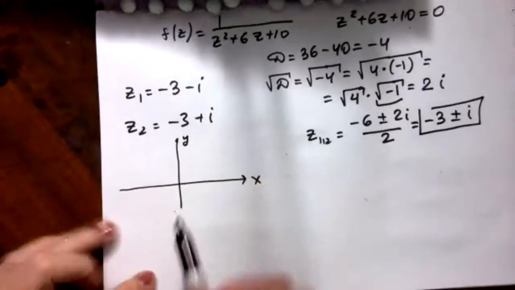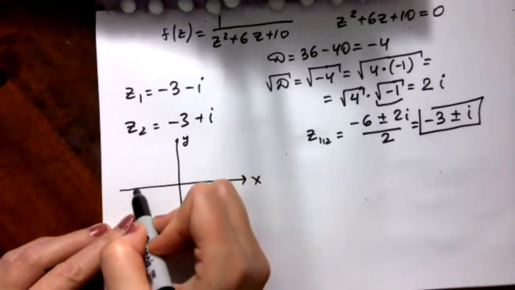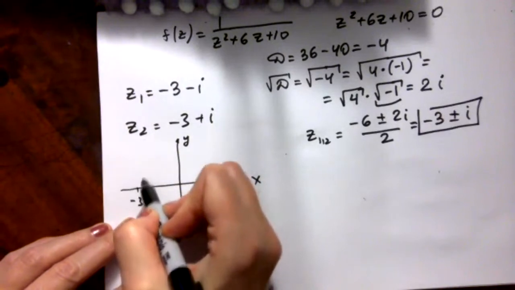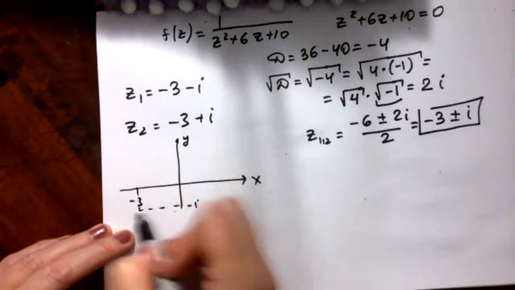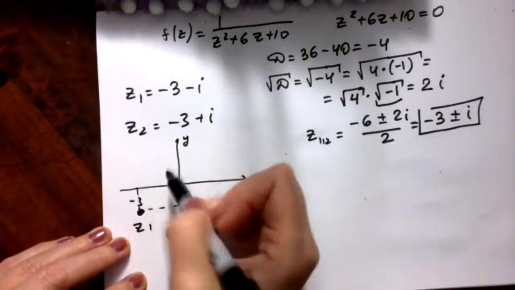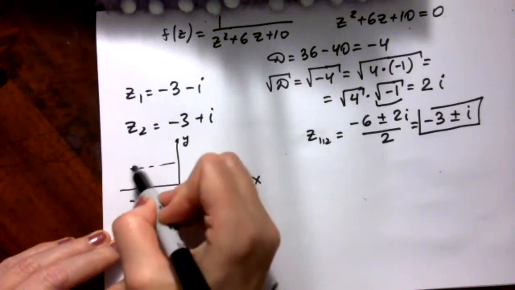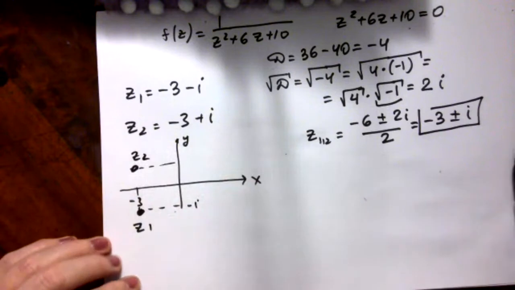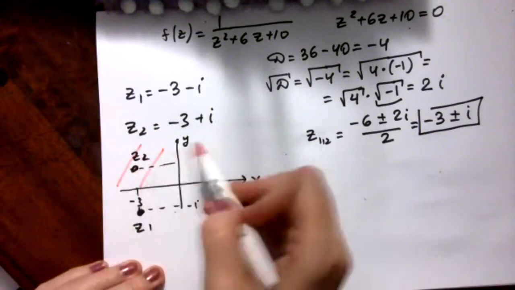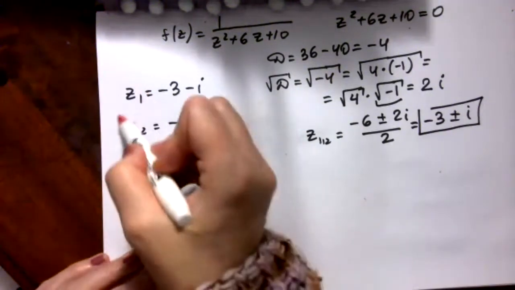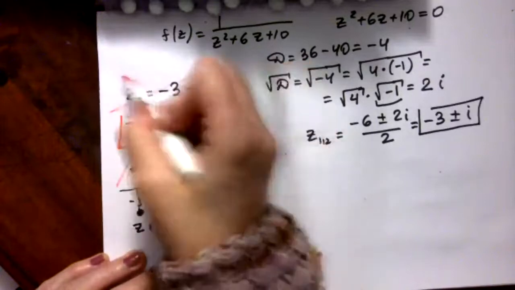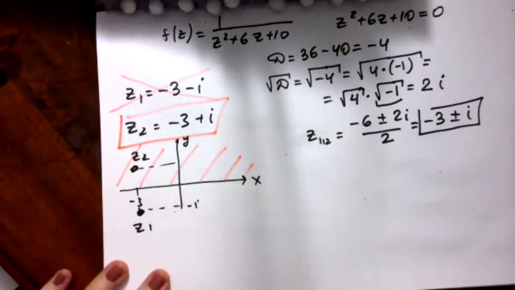I don't think it's difficult for you. The first point is minus 3 somewhere here, minus i, so z1 is here, and z2 is minus 3 again, but plus i. So it's here. We are interested only in the point which is above the x-axis, which is z2 only. So we are throwing away our first point, and that's it.